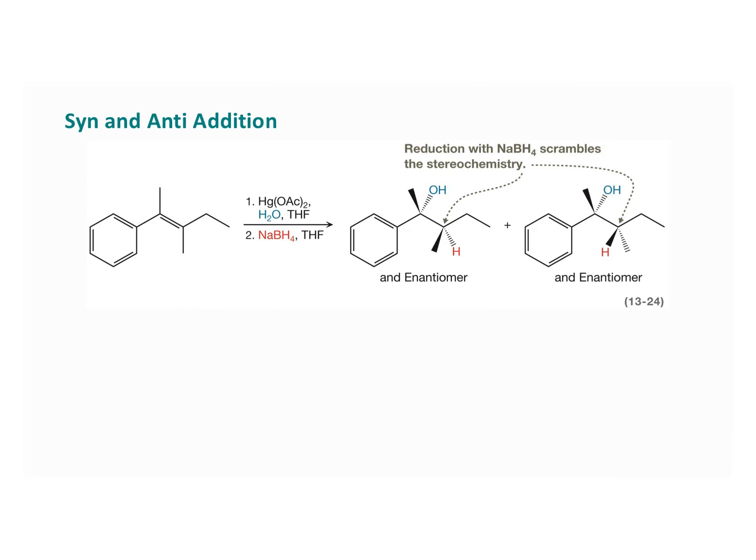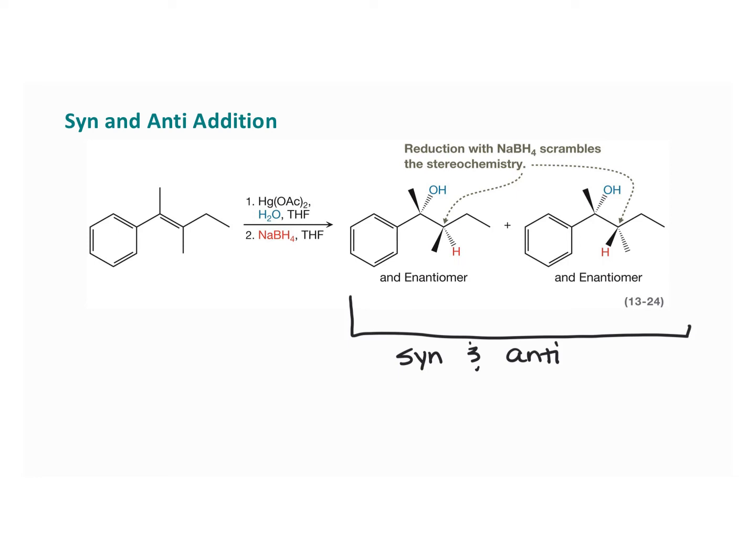So when that happens, the net addition of water occurs to give both the syn and the anti-addition products. So we get both syn and anti, okay? And that means we're going to end up with those two enantiomers you can see there. So the sodium borohydride just scrambles the stereochemistry.